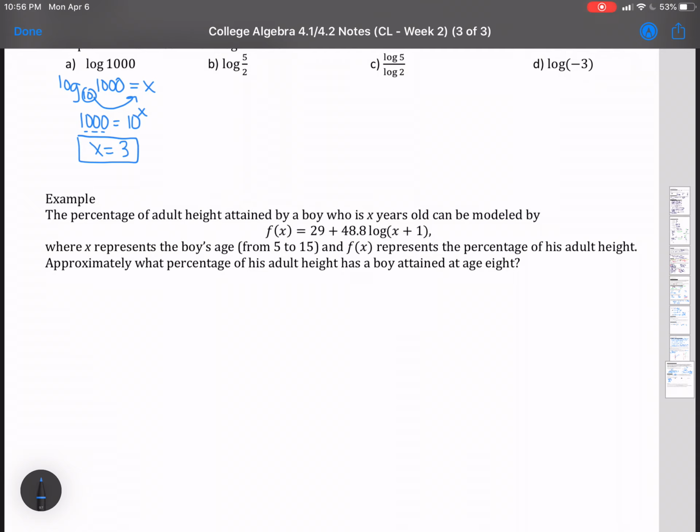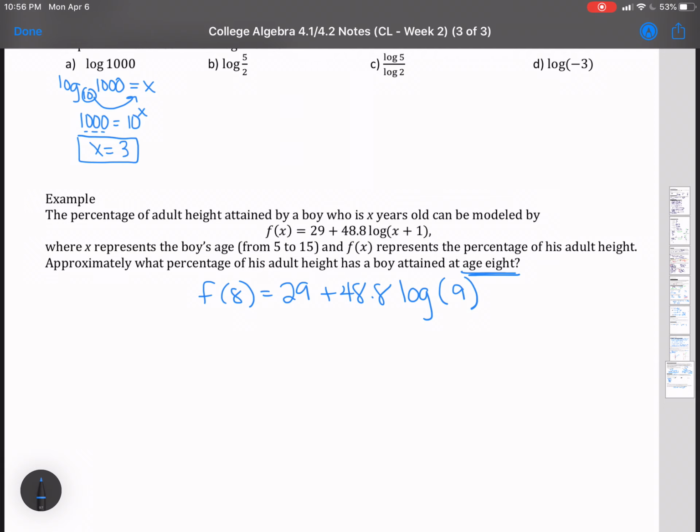Approximately what percentage of his adult height has a boy attained at age 8? So age 8, that means we're finding f of 8. 29 plus 48.8 log of 8 plus 1, which is 9.